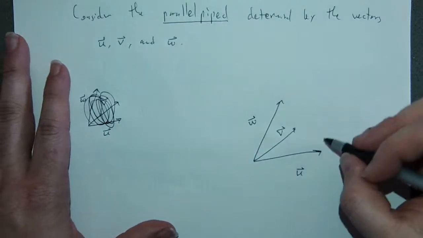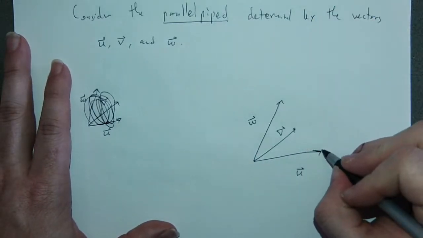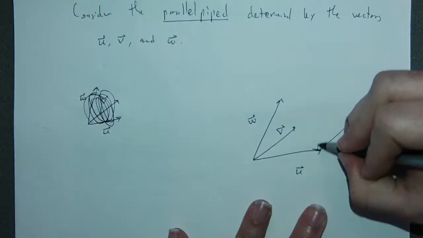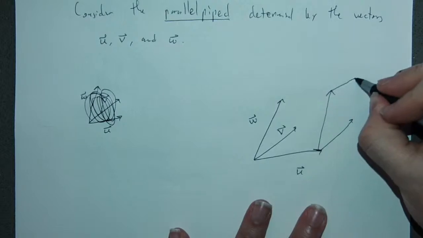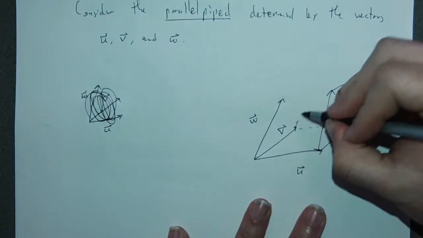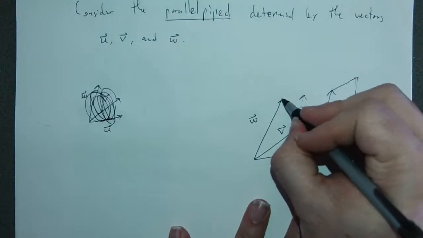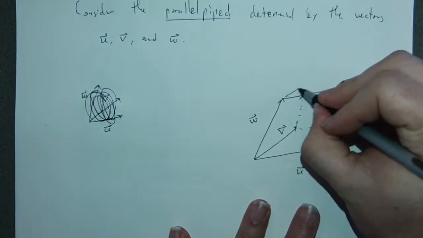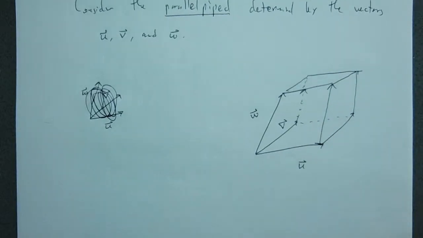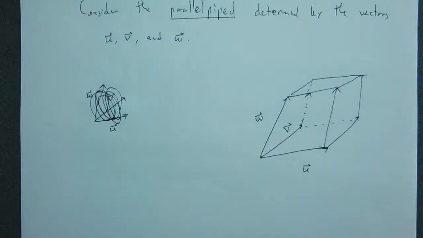In three-dimensional space, a parallelepiped determined by three vectors would be this sort of thing. Maybe I should dot that. Oh, this is really bad. Here we go. Okay. An attempt was made, all right? So anyway, if you look up parallelepiped, you'll get a lot better pictures than this. So the parallelepiped determined by three vectors U, V, and W looks like this.